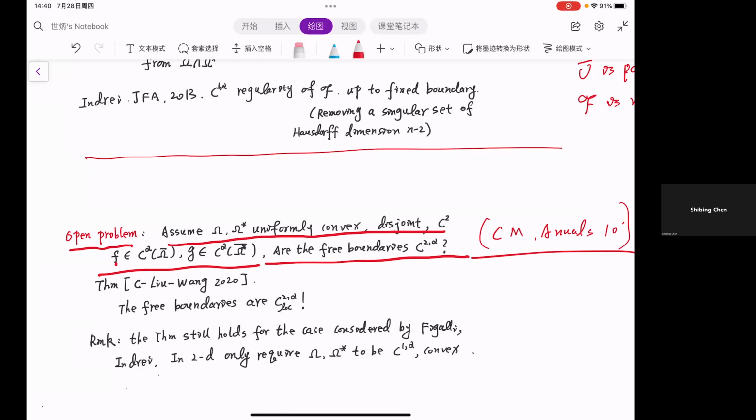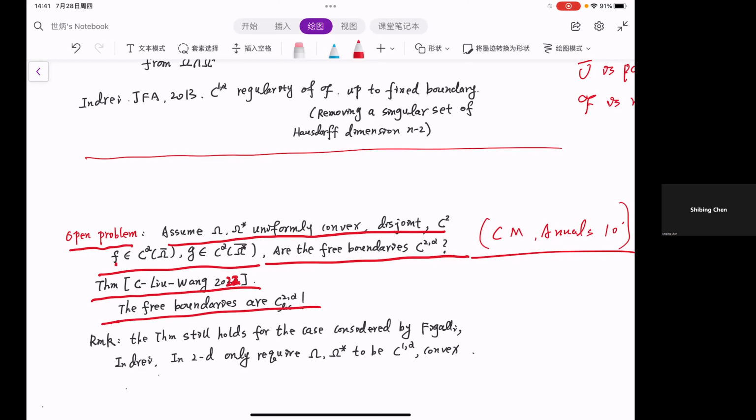I think this year we have fully resolved it, and our theorem says that the free boundary is C^{2,alpha}.